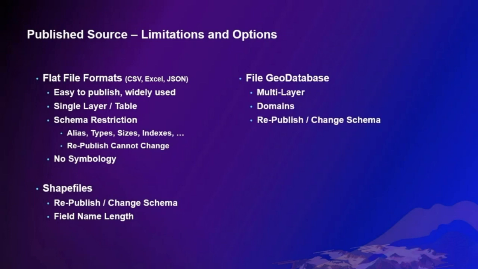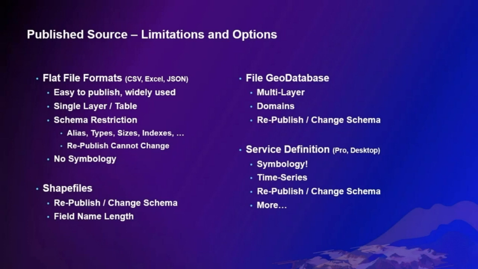If we look at file geodatabases, now you start getting into the ability of creating multiple layers within your service. So you can host one service and have multiple layers to work with and render from. It does support domains. And of course, when you republish, the schema does or can change if you so choose.